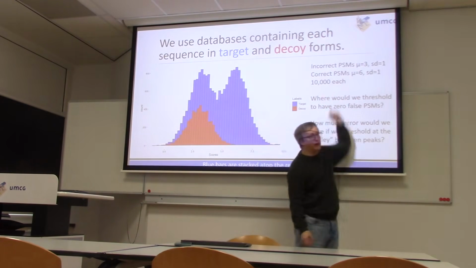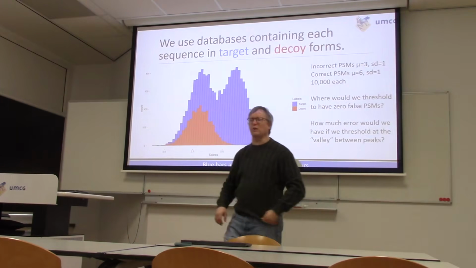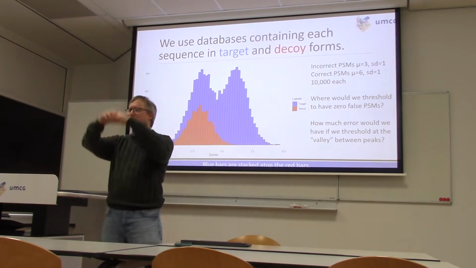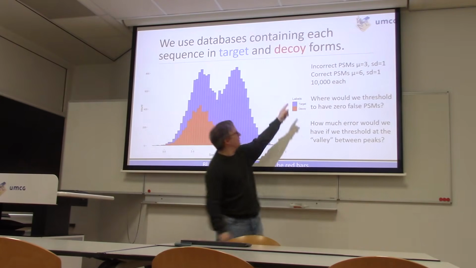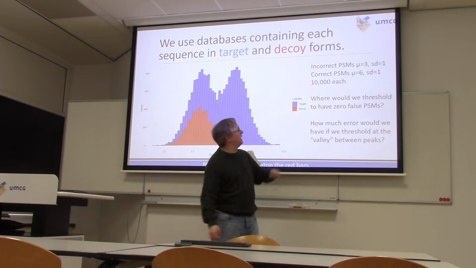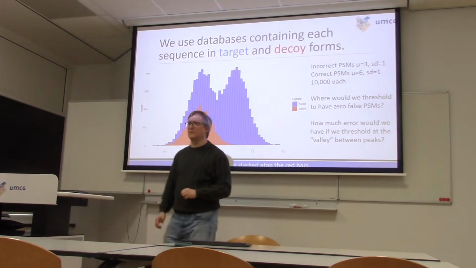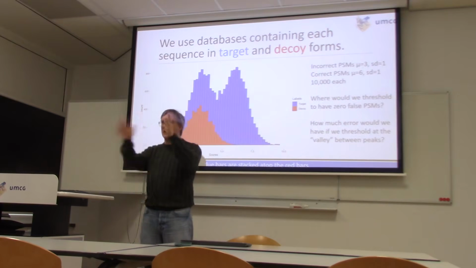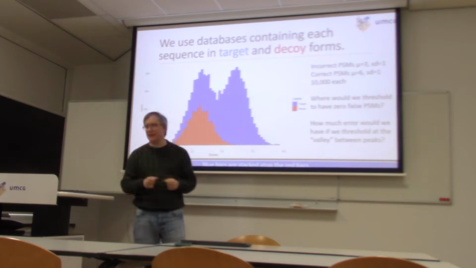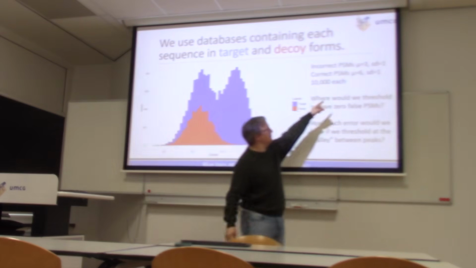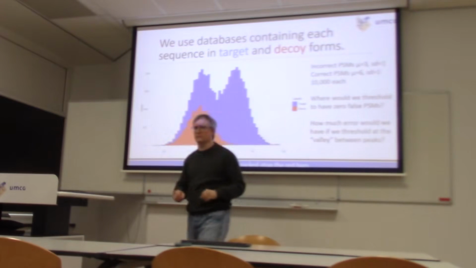We'll call the score unit Daves. A score of 3 Daves is the mean for incorrectly identified spectra, and a mean of 6 Daves is the average score when we have a correctly identified spectrum. And I'm just going to throw a standard deviation of 1 on both of those.